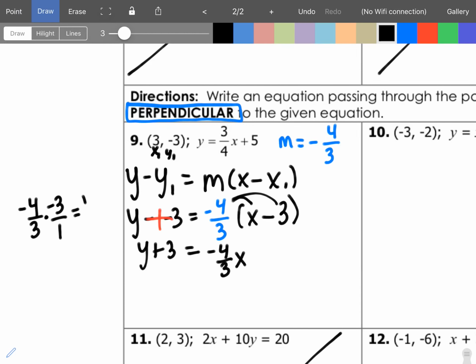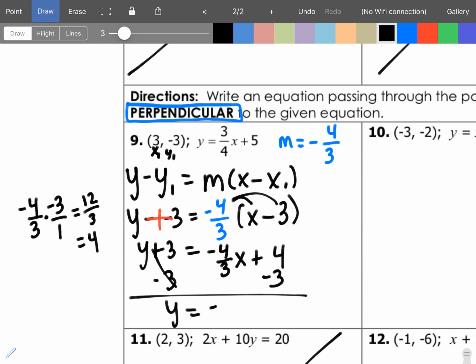So that's a positive 12/3, which is 4. It's a positive 4. So I'm going to write a plus in front of that. And then I'm going to subtract 3 to both sides. So y equals negative 4/3x. 4 minus 3 is plus 1.